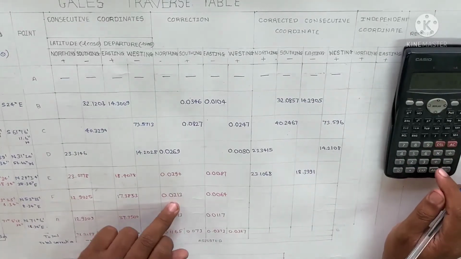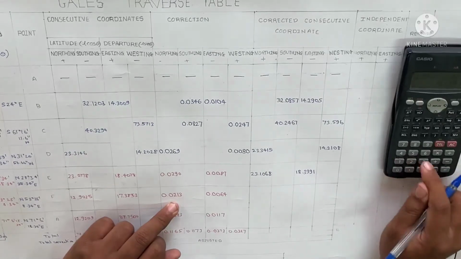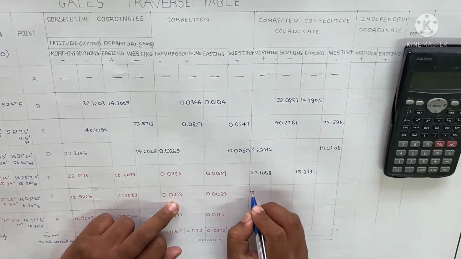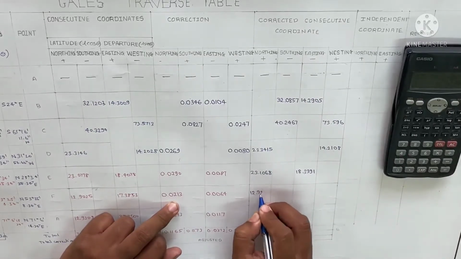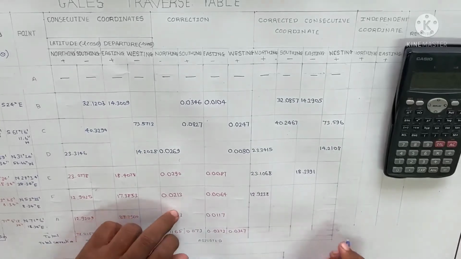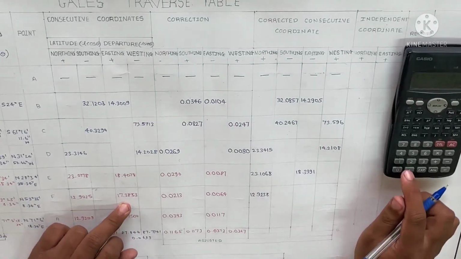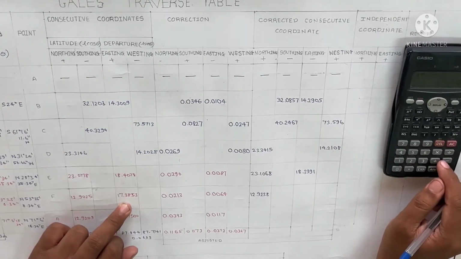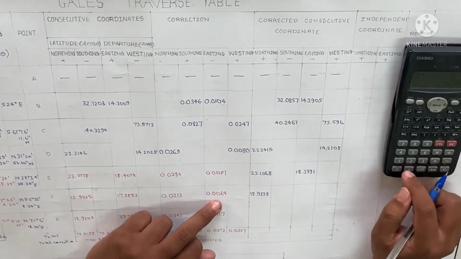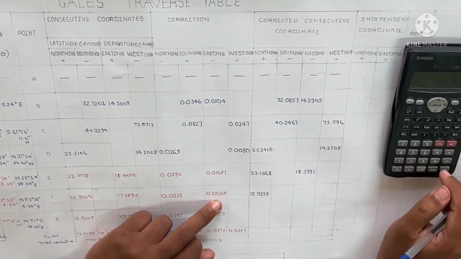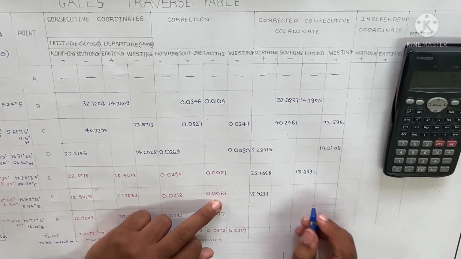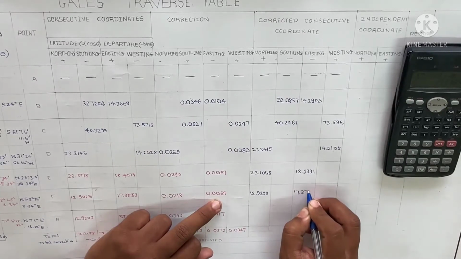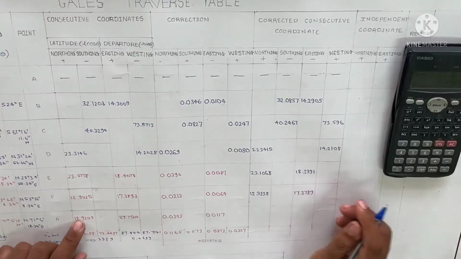Then 12.9025 plus 0.0213, which is coming out to be 12.9238. Again easting 17.3853 minus 0.0064, 17.3789.